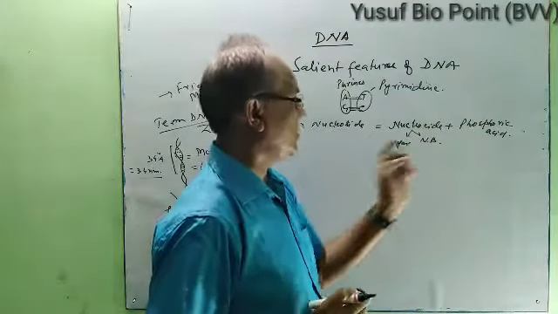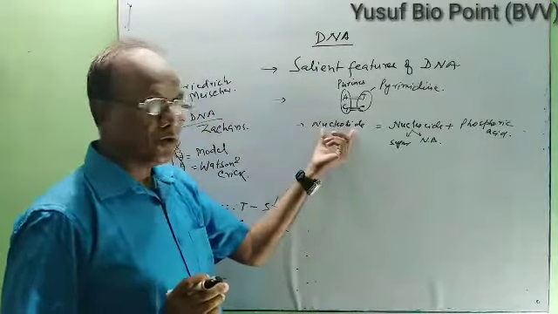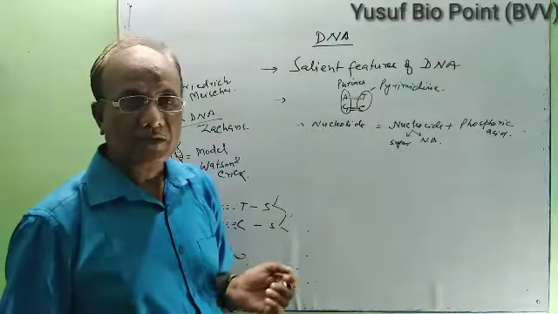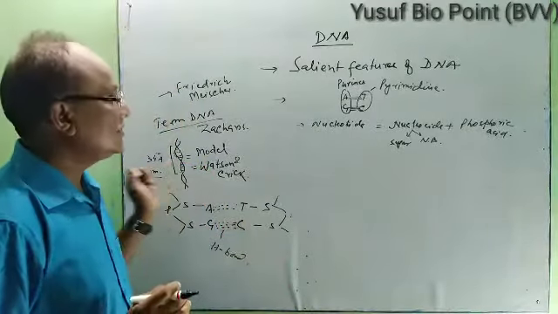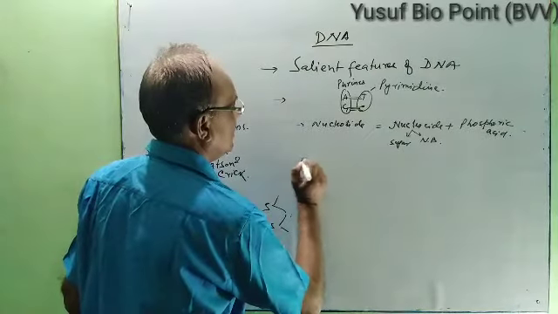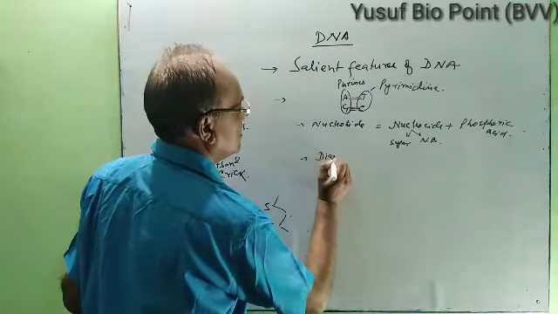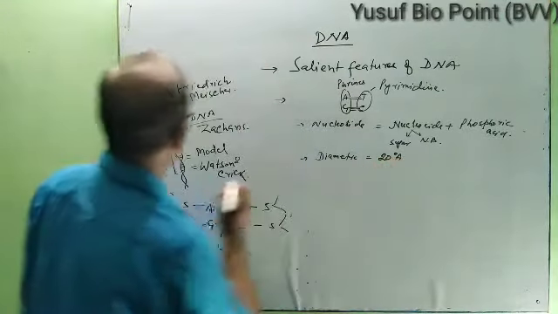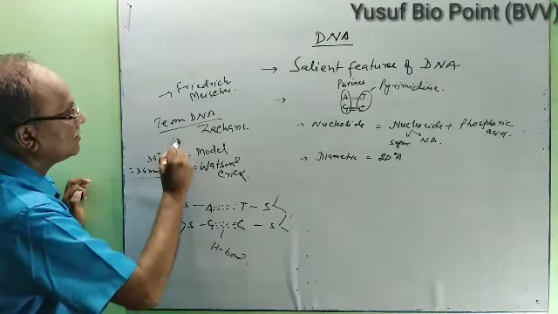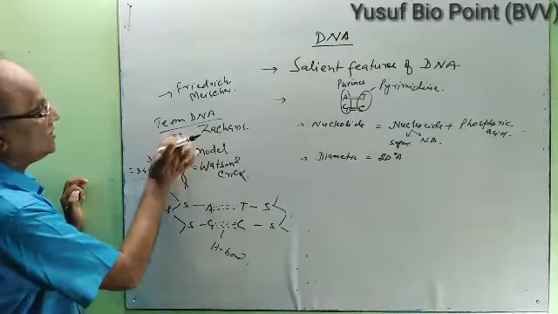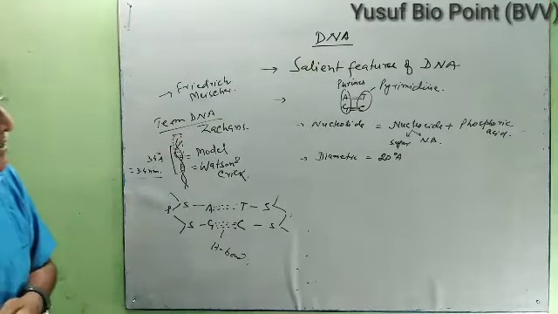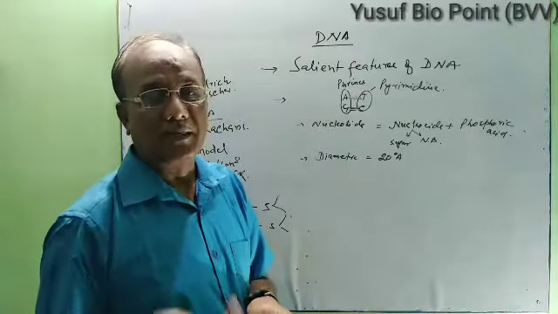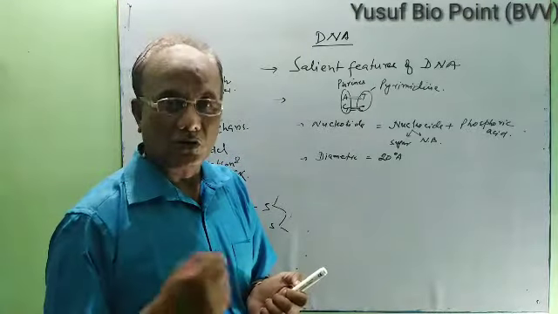So many nucleotides combine to form DNA, and it is a double helical structure, and you already know that the diameter is 20 angstrom, that is from this to this one, the difference is 20 angstrom.